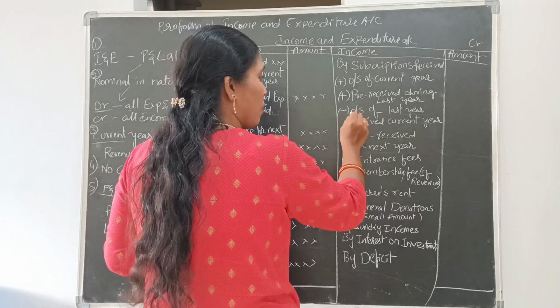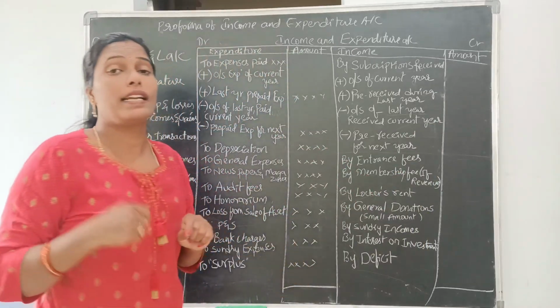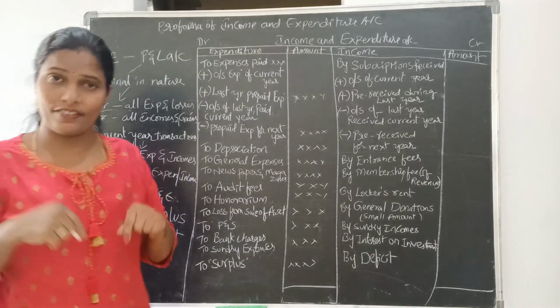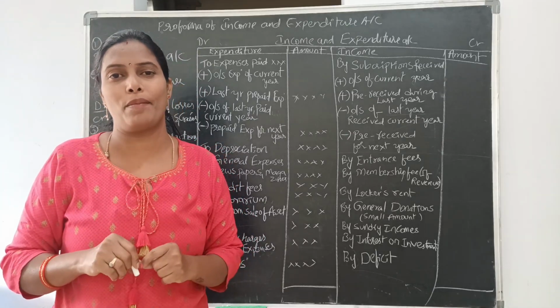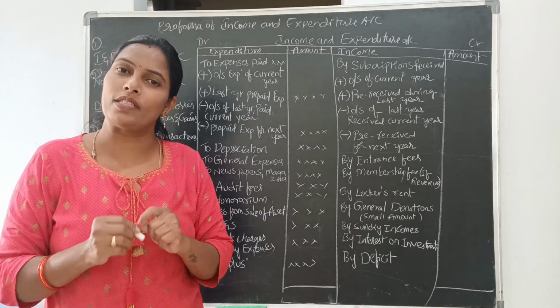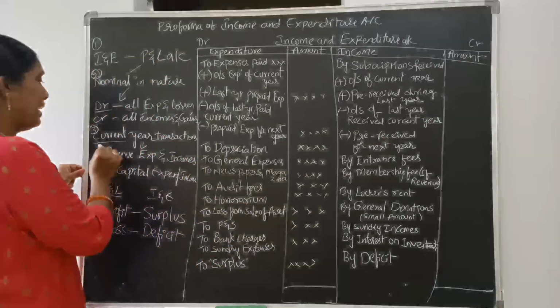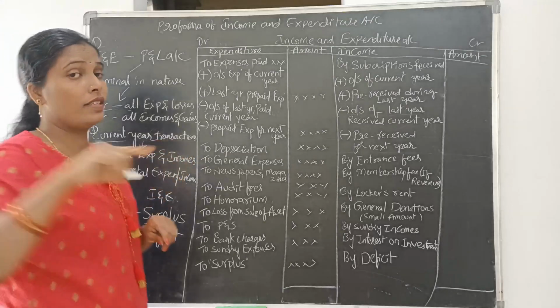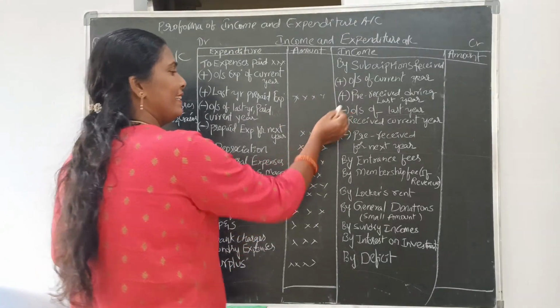So deduct outstanding of last year received in current year. Outstanding of last year we received in this year means the 2023 amount we received in 2024. We are going to post only current year transactions, not the previous year, not the next year, so simply deduct it.